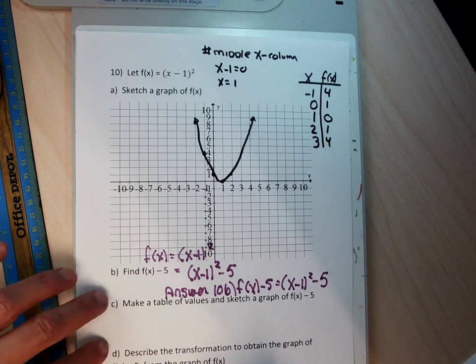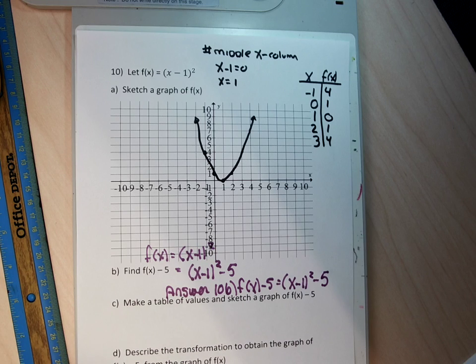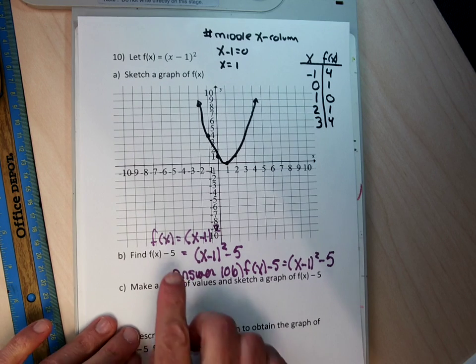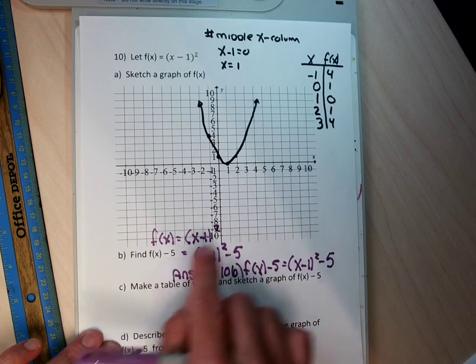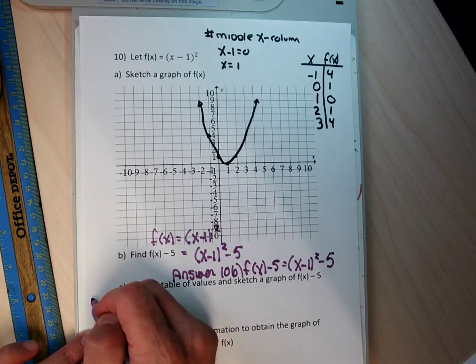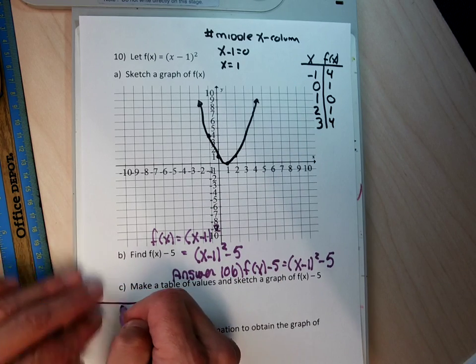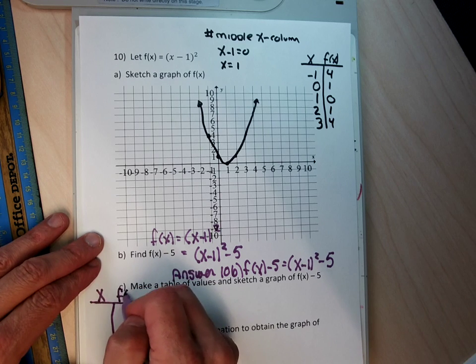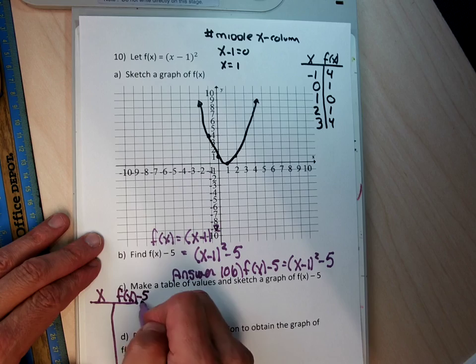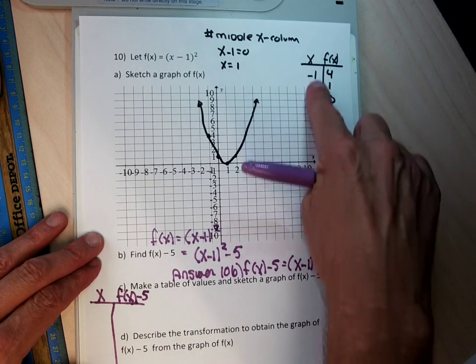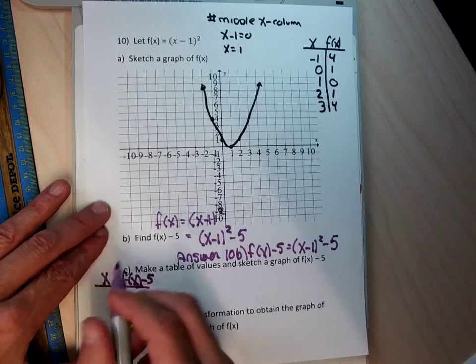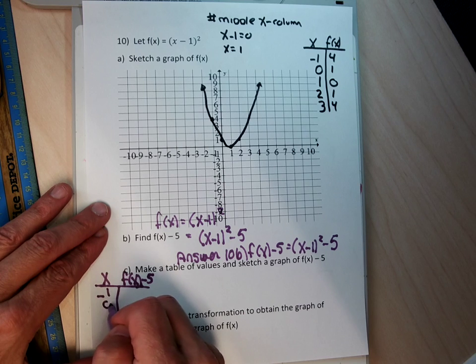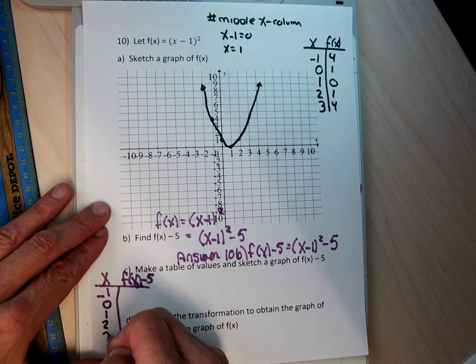To do part C, I'm going to make my table of values. And when the number in function notation isn't in a parentheses, I'm going to keep the same x values. So my graph is going to have two columns, the x column and the f of x minus 5 column. And in the f of x minus 5, I need to figure that out, but in the x column, I'm going to put -1, 0, 1, 2, and 3.